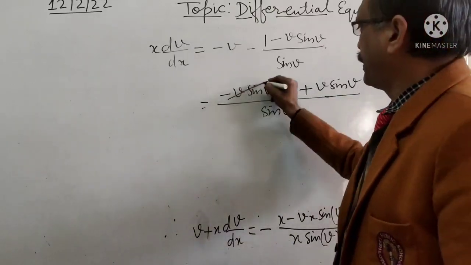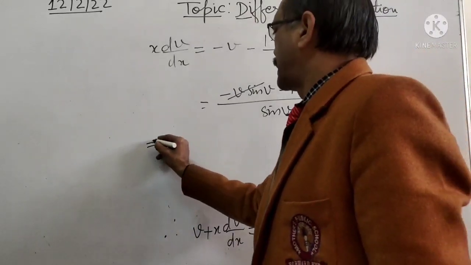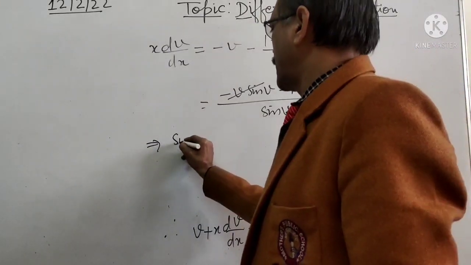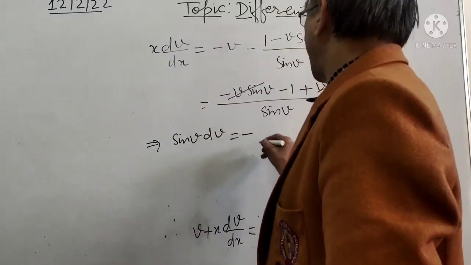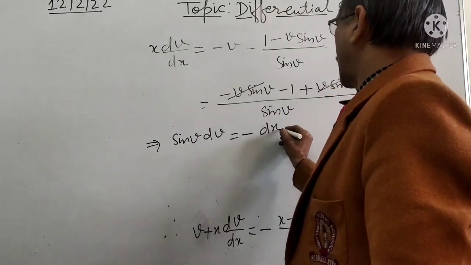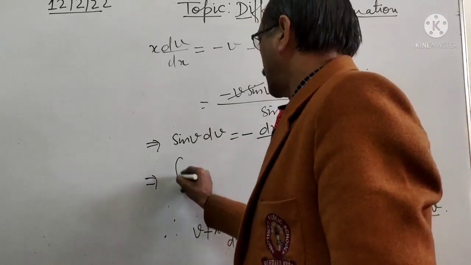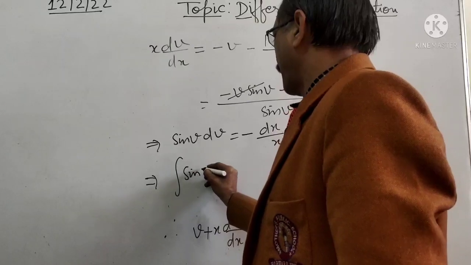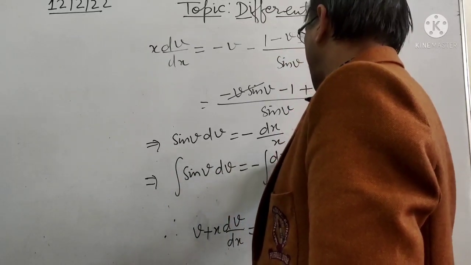Dear student, here v sin v cancels out. Then we will separate the variables. It is sin v dv equal to −dx upon x. Now we will integrate both sides. So the integration of sin v dv equals −dx upon x.